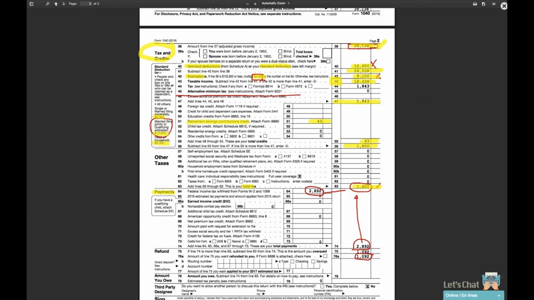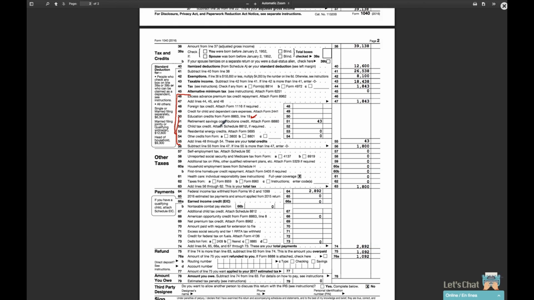Here, let me make a better drawing. They're going to start here on line 46 and below. This is what you call the non-refundable credits. Things that you're not going to see on your refund, but they are going to help you. So, for instance, you have the education credit. Remember that there's a part of that that's not refundable.